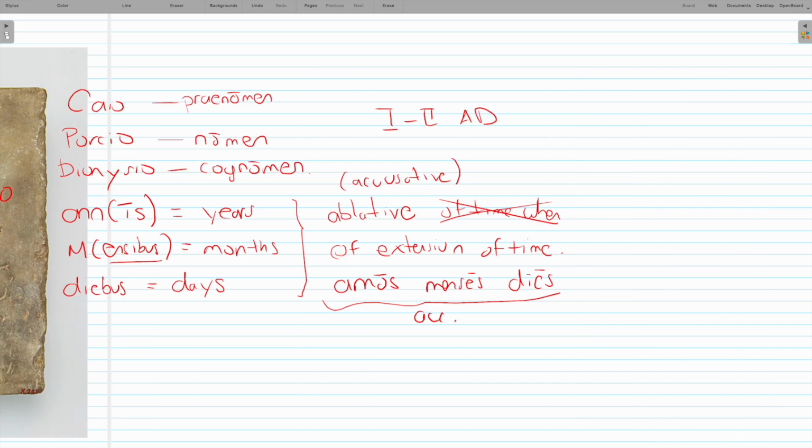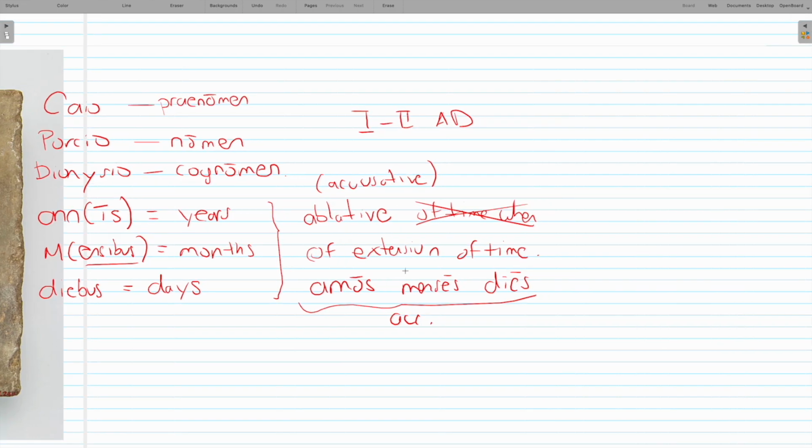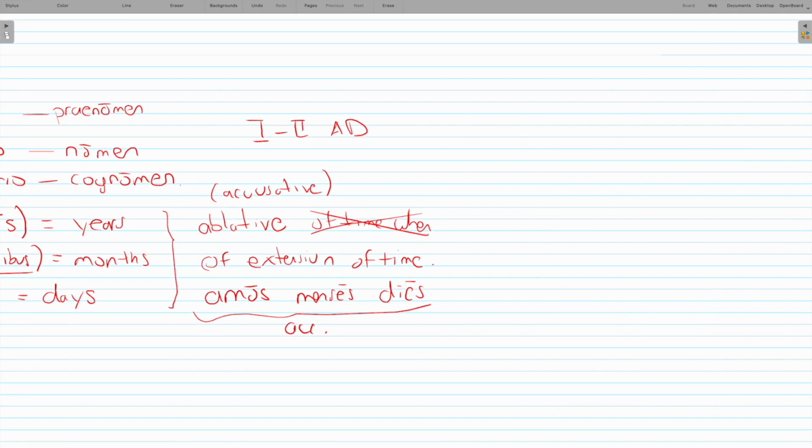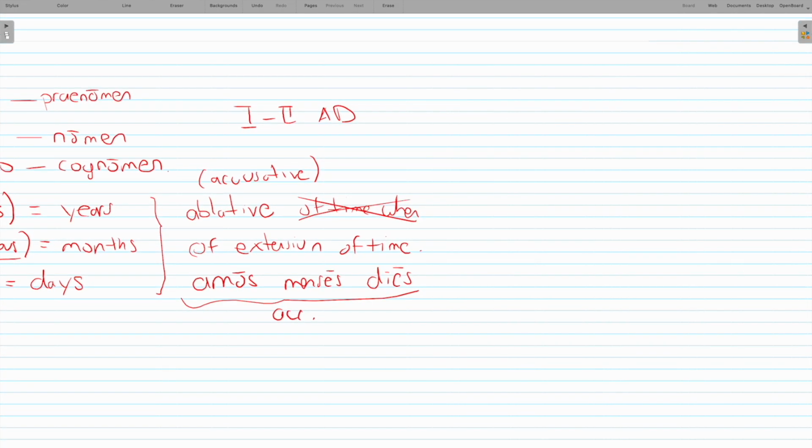And if you're curious, as I was when I first found out about this ablative of extension of time, I can tell you that I noticed that Cicero, who lived in the 1st century BC, that is in the Republican era, in the Roman Republic, uses the accusative of extension of time. So he uses this case here to express duration.